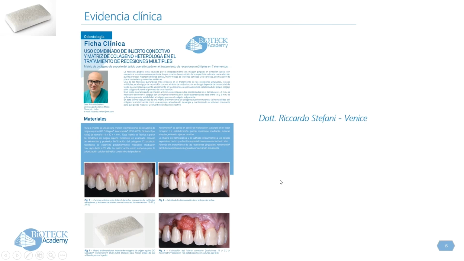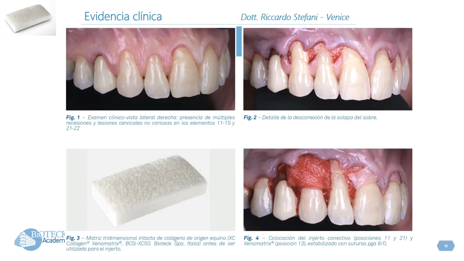Here we have another case from Dr. Riccardo Stefani from Venice. Again, in this case, multiple recessions, some treated with Xenomatrix, some treated with the connective tissue, and we see here the Xenomatrix and here the connective tissue.